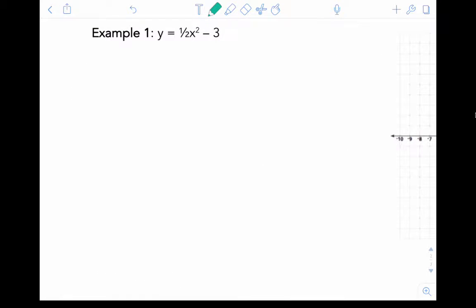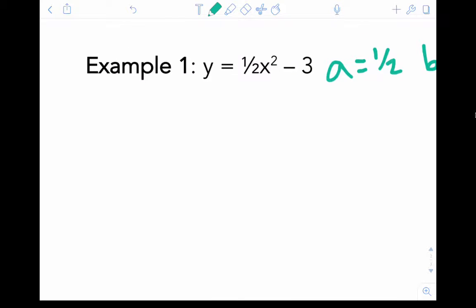For this first problem, I'm first just going to think to myself, a is 1/2, b is 0, and c is -3. So now when I go through an example, the first thing that I need to do is figure out my axis of symmetry.